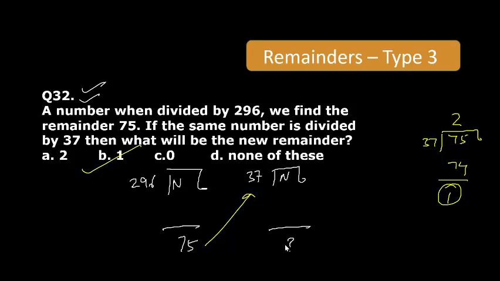Priyanshu, why is your answer D? It should be 1, na? Right? I hope it is clear. So there were 3 types of remainder cases. I hope all the 3 types are clear.